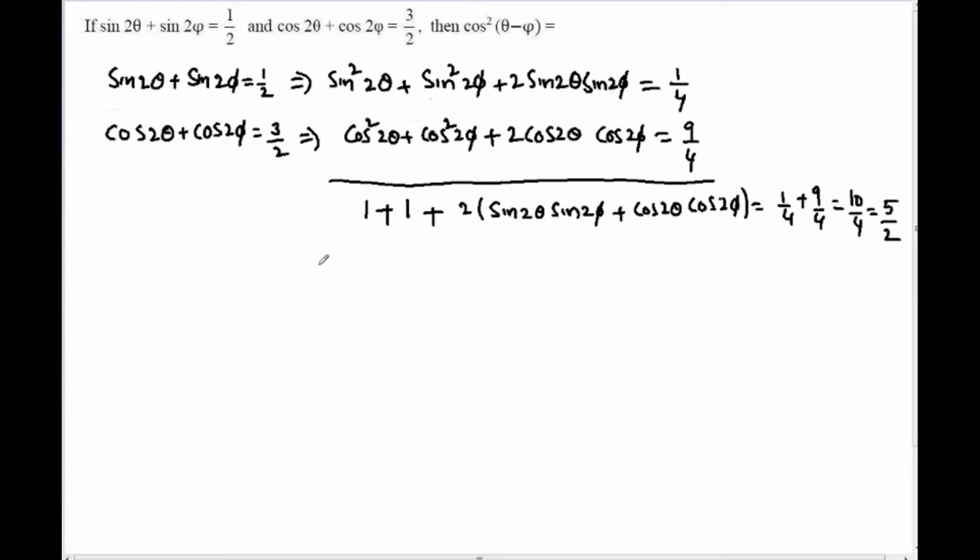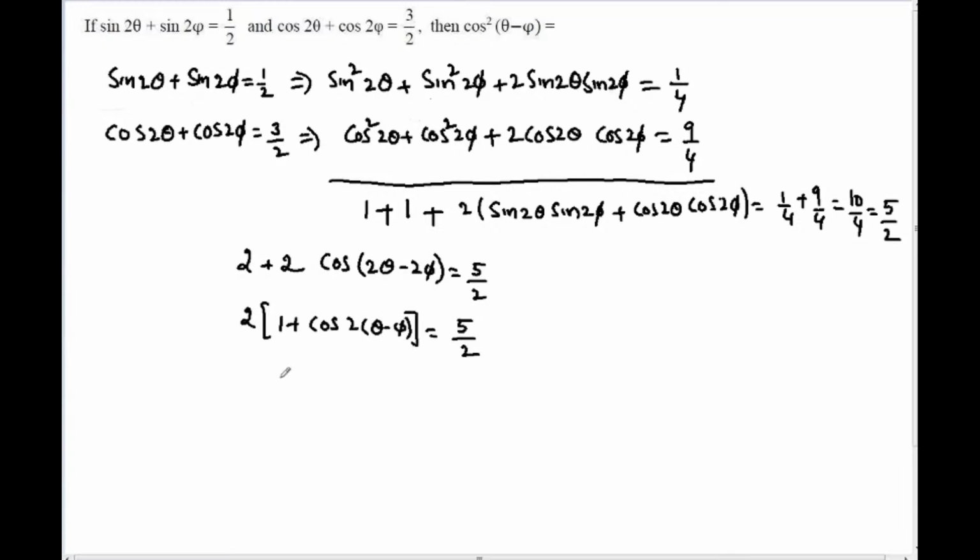So here 1 plus 1 is 2, that is 2 plus 2 times. This is cos A cos B plus sin A sin B, that is cos of A minus B, that is cos of 2 theta minus 2 phi is equal to 5 by 2. So take 2 common, 2 into 1 plus cos of 2 into theta minus phi is equal to 5 by 2. 1 plus cos of 2 into theta minus phi is equal to 5 by 4.